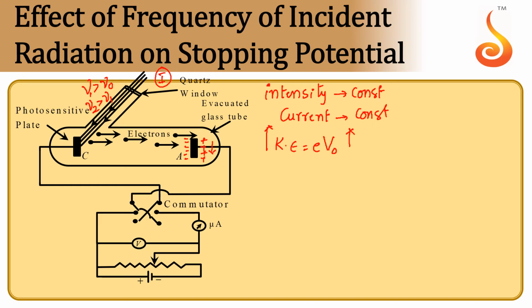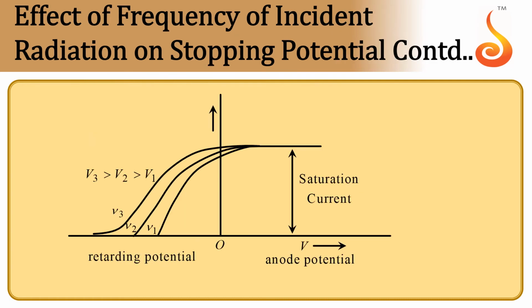So let us see the experiment in a graphical way. In this graph, we can see that on the y-axis current is taken in microamperes, and on the x-axis potential is taken in volts. As the intensity of light is kept constant, when the anode plate is positive, the current in the circuit is constant.